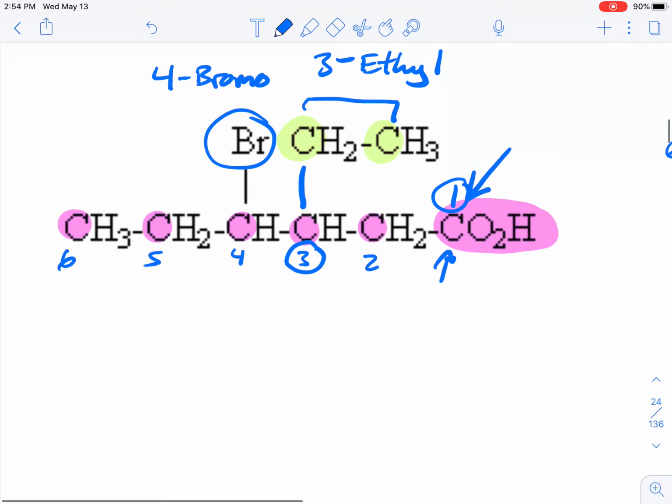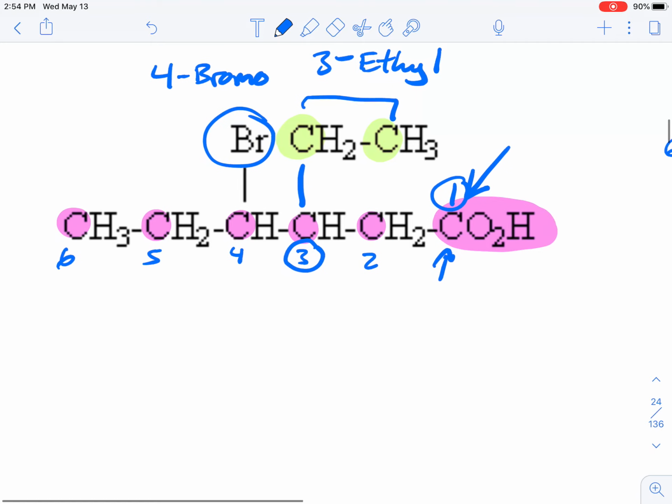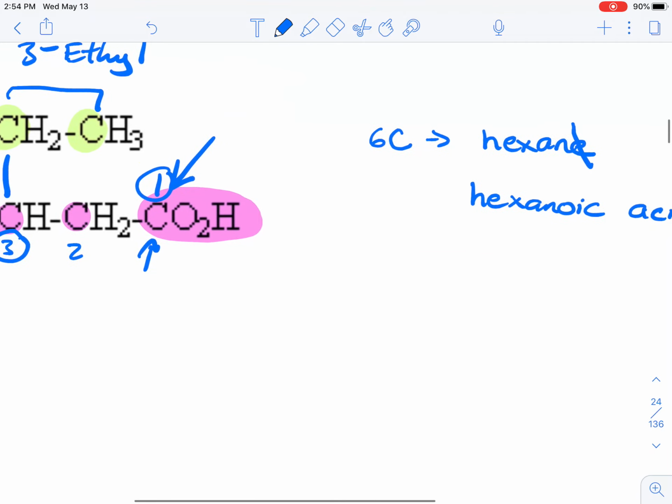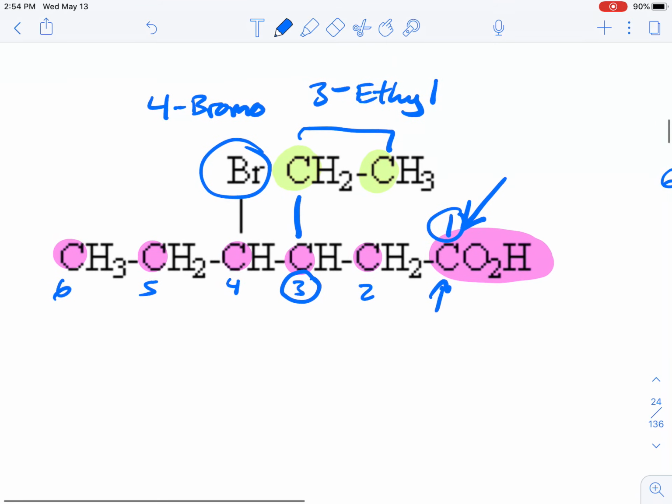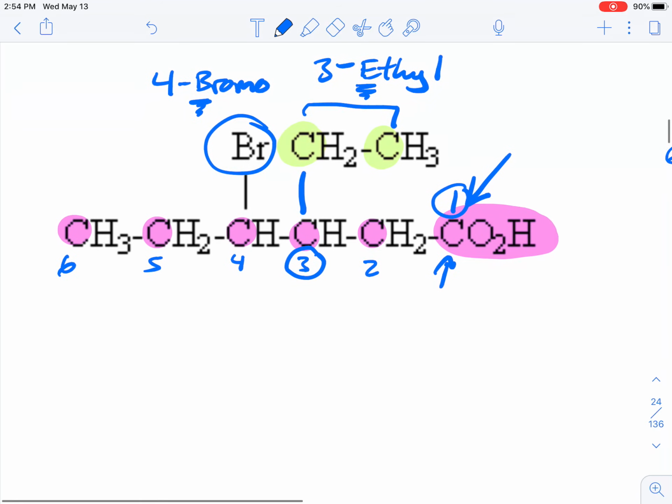And so in total, we have two substituents, and we need to attach that to our parent chain. So we need to identify which substituent goes first. In this case, since bromine, the B in bromine, or the B in bromo, comes before the E in ethyl, the B, or just bromo in general, is going to come first. So we have 4-bromo.